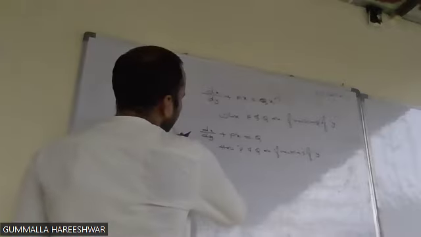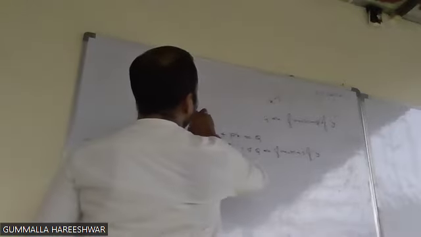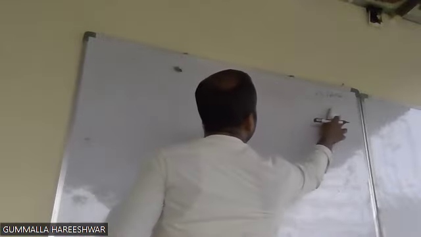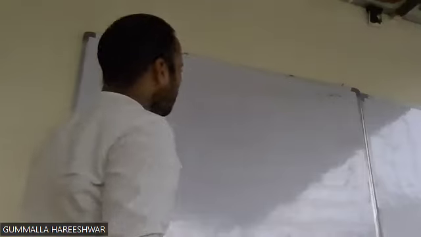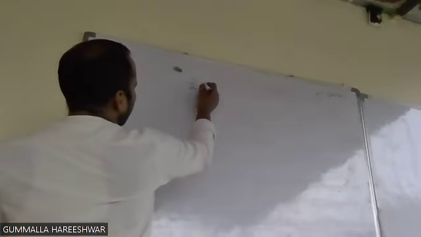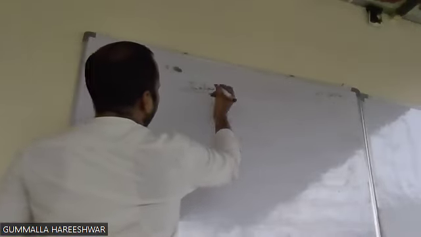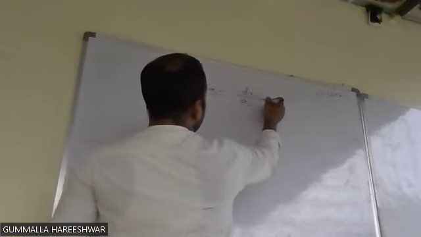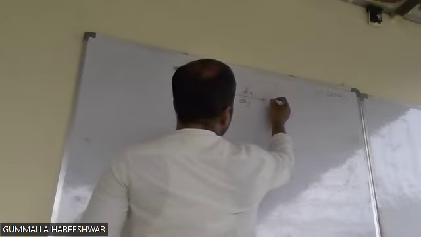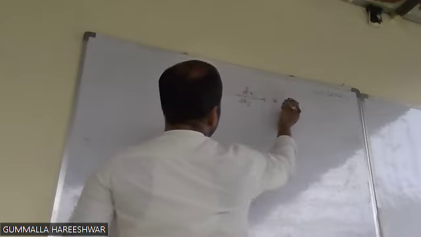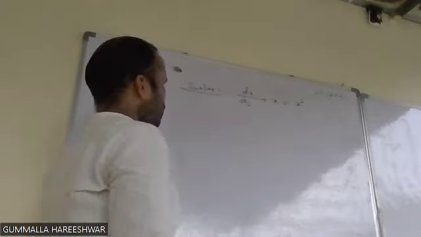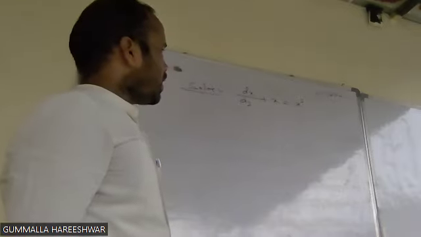We see one problem in this case. Dx by dy plus x equals x cube. So this is Bernoulli's equation in x.